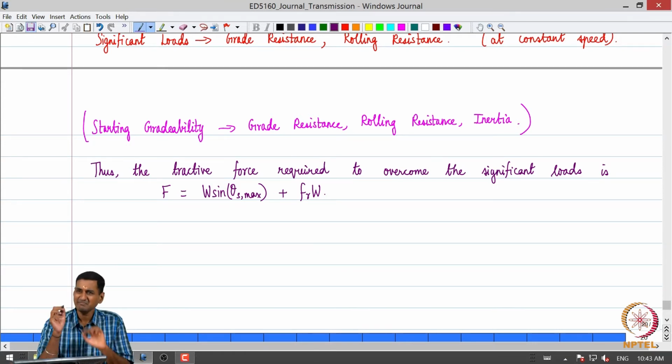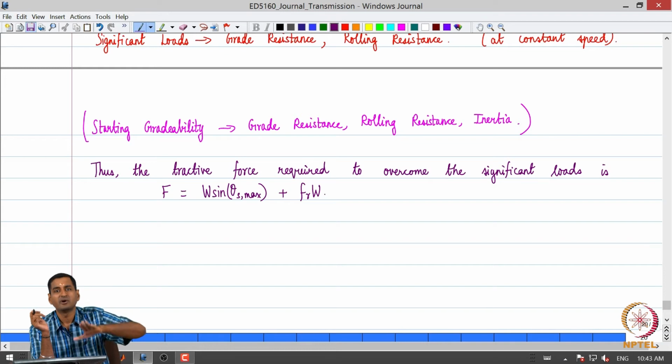Now, typically we expect to engage the first gear when we are going on the maximum or highest grade possible for a particular vehicle design. So imagine that we are going on a mountainous terrain or a flyover. By and large, the design is such that we want to get the maximum possible thrust from the prime mover, and the gear should be such that the magnification of the torque delivered by the prime mover is also the highest.